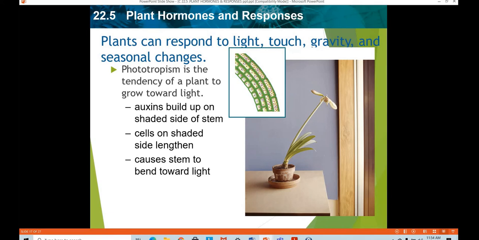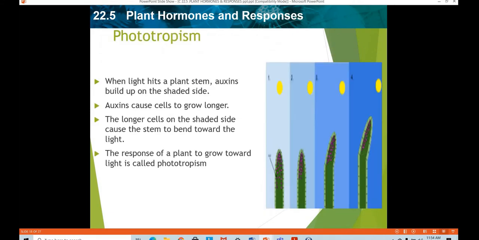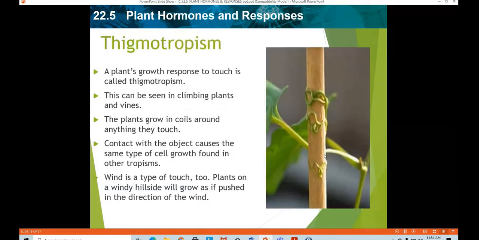If you want to define it, it is the tendency of a plant to grow towards light. Clear? Okay, so this is how the plant responds to light. You can see when the light hits the plant stem, the auxins build up on the shaded side, and the plant starts bending towards the light.